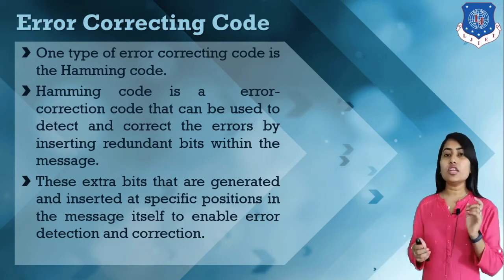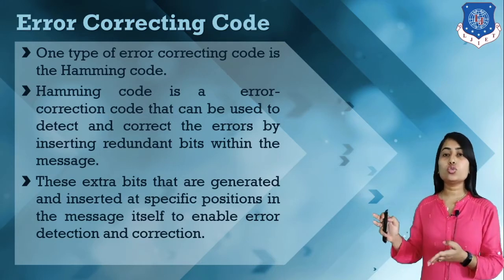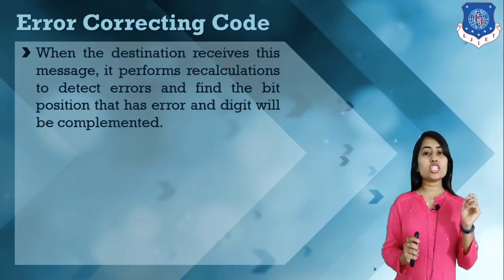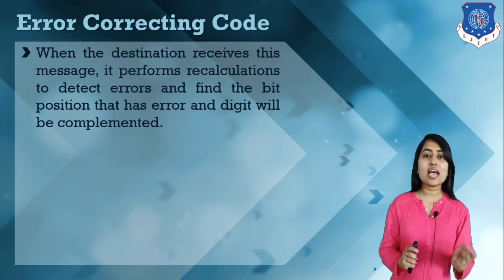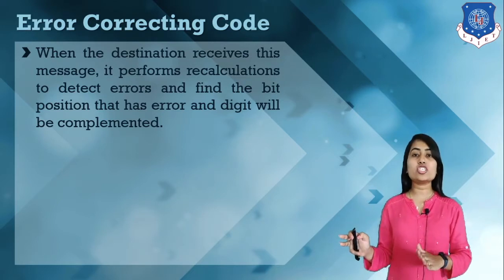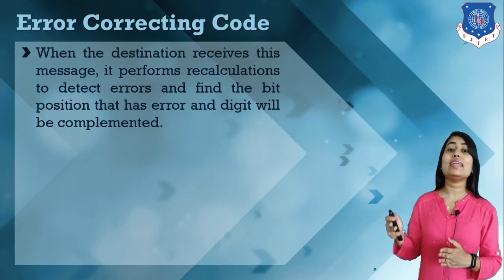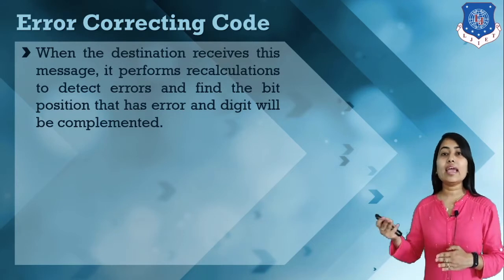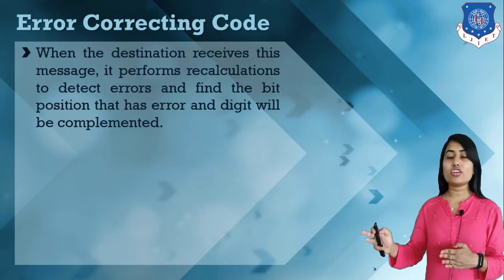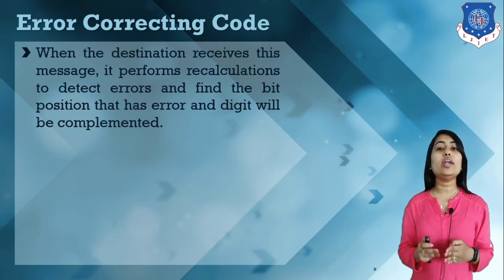Once information is coded in Hamming code, it is transmitted to the receiver, and at the receiver side recalculations are performed. After recalculations the receiver can identify if any error occurred, calculate the exact location of the erroneous digit, and then complement that digit, so we have our actual result.